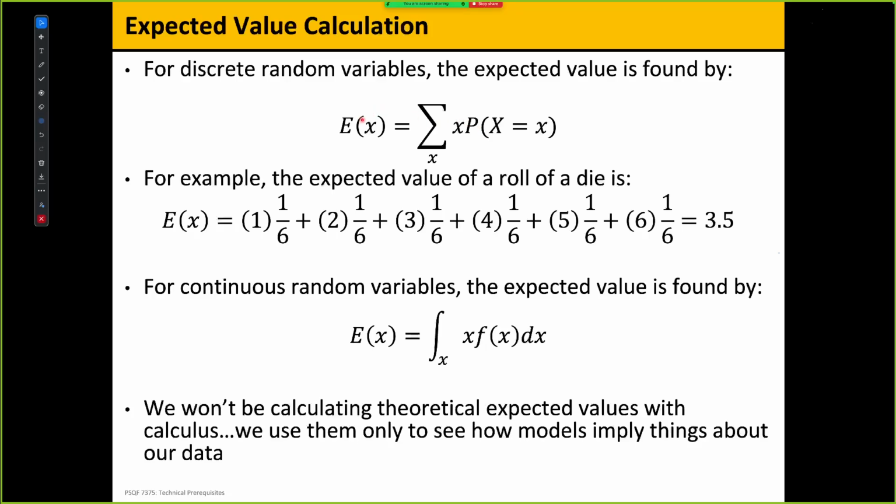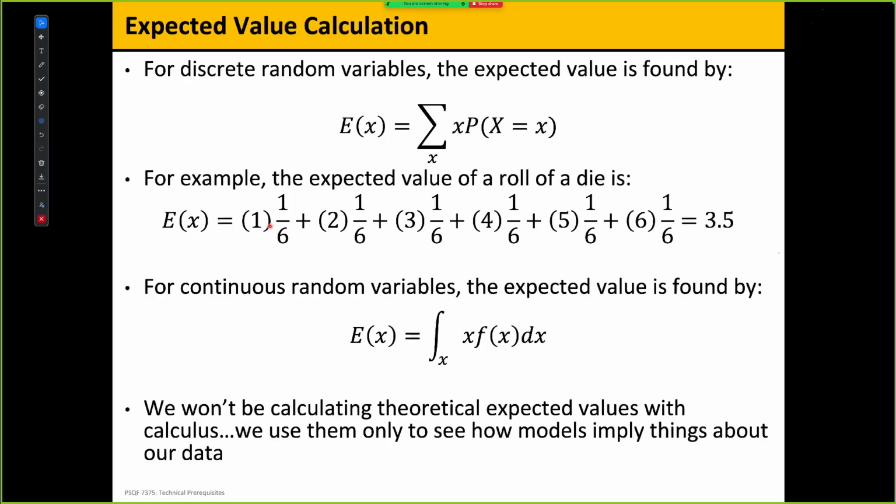So my example is: what is the expected value on a roll of a die? What's the expected number that should show up from 1 through 6? It's a fair die, so every number is equally likely. It's a discrete uniform distribution, with a 1/6 chance of happening. This expectation takes the value of the number that would appear, in this case 1, 2, 3, numerically, etc., and weights it by the probability of that event occurring. So it's like a weighted average.